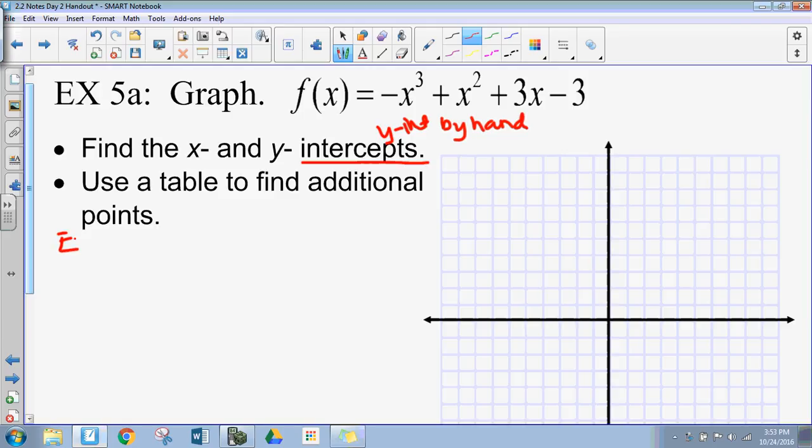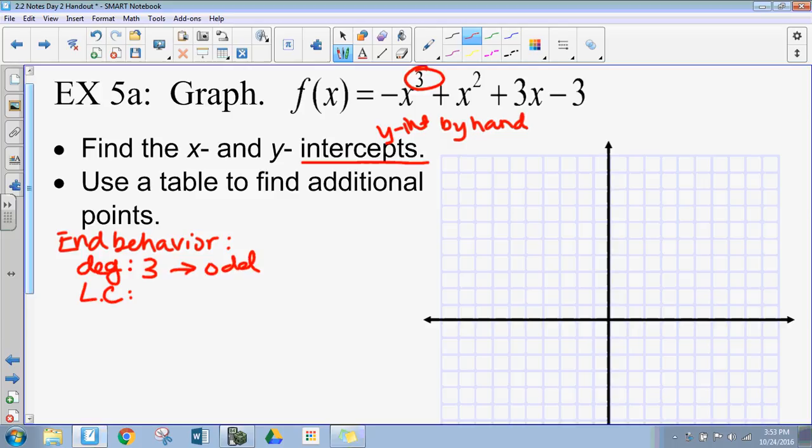Okay. So first thing we're going to talk about is end behavior. So end behavior, the things that are important are the degree and the leading coefficient. Okay. So the degree of this polynomial is 3, which is odd. And the leading coefficient is a -1, so that means it's a negative. So now you're going to go back and think about your end behavior of a line.